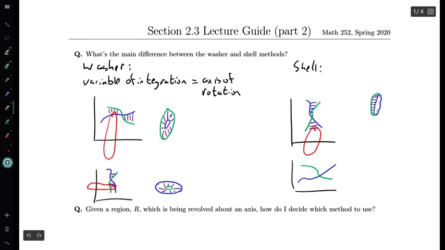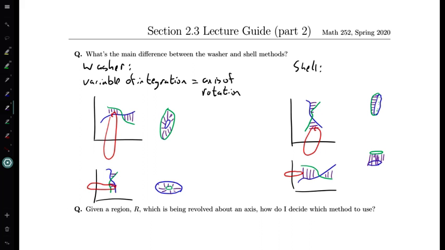I have the area between them as vertical lines here, so I'm integrating with respect to x, and I'm taking these vertical line segments and rotating them about the x-axis to form some kind of band this way, or some kind of shell, where maybe the top is given by green and the bottom is given by blue. And those vertical line segments give me these vertical pieces here on the boundary of that shell.